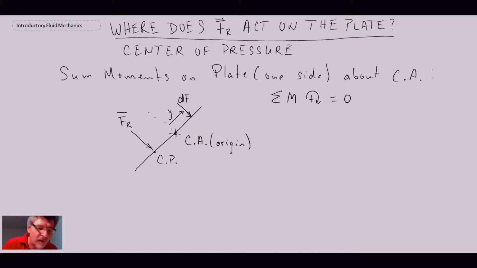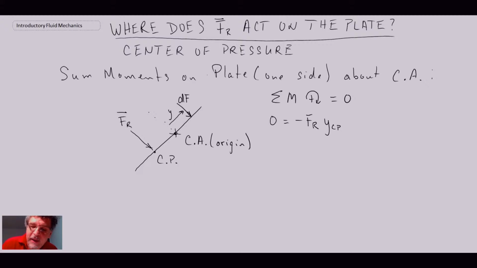And when we sum moments, we're going to say that it is equal to 0. So let's proceed through this. And we'll use this process in order to determine where the center of pressure actually is. So summing moments, what we have on the left-hand side of the equation is 0. On the right-hand side, we have the resultant force multiplied by ycp.